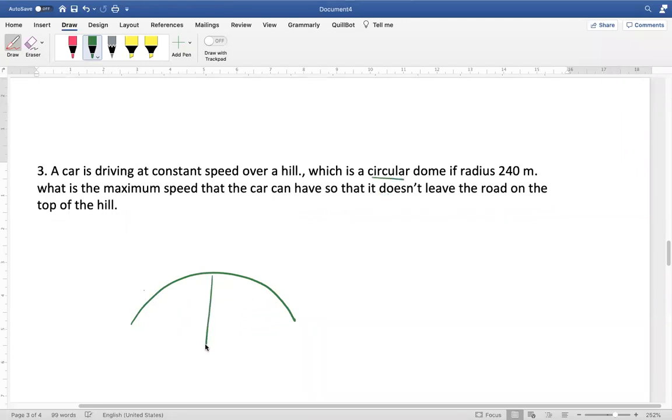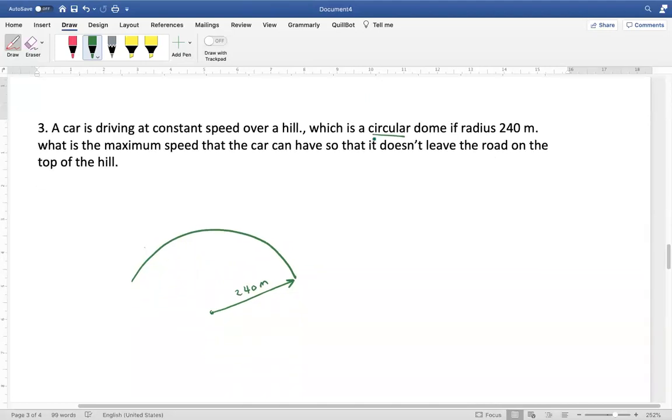The radius is 240 meters. I don't want to write it there, it will be difficult to draw the free body diagram later. So let me write it here. So this is my radius, 240 meters. What is the maximum speed so that the car doesn't leave the road on the top of the hill?